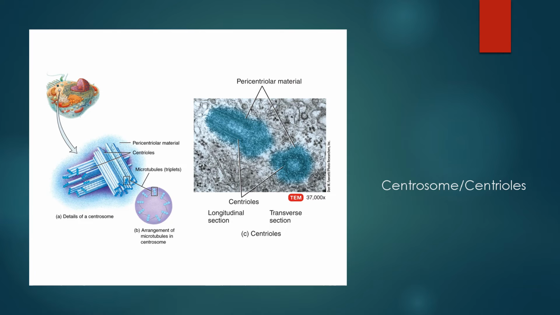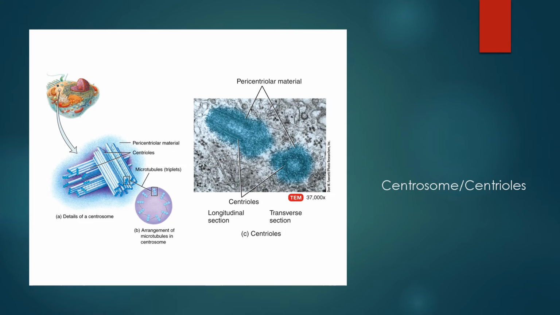Now, the number and types of organelles varies in different cells, and this really depends on that specific cell's function. But really, organelles all cooperate and work together to maintain homeostasis, even though they have very different specific functions.